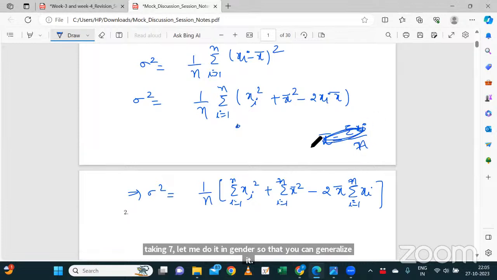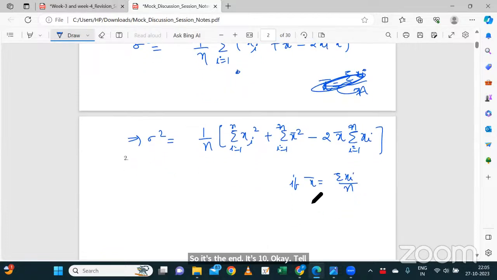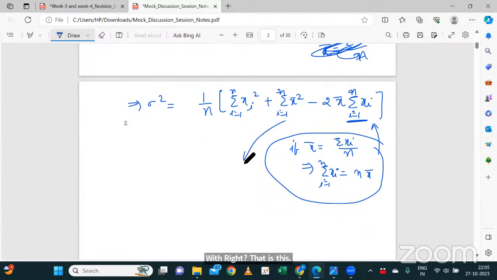If x bar is summation of xi by n, then I can replace summation of xi with n times x bar. And the summation of x bar square means adding x bar square how many times? n times. So this is the same as n x bar square.